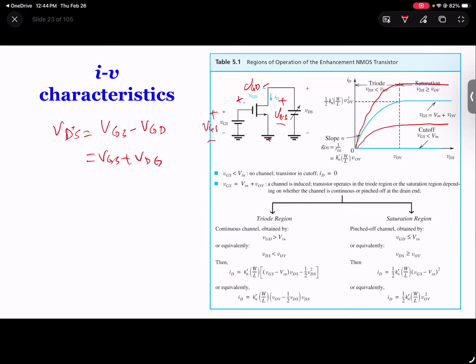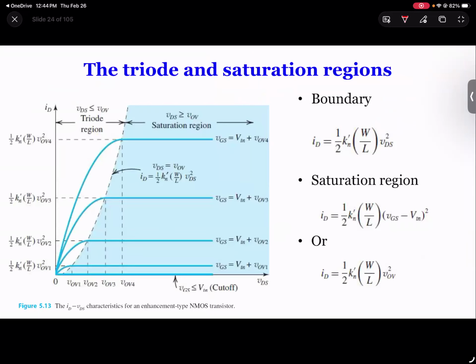In this class, we are more interested in the saturation region. For the bottom curve, VGS is less than VT. When VGS is larger than VT, you have different curves. When you vary VDS, the current doesn't change in the saturation region; in the linear region it does. Sometimes we call it the triode region.